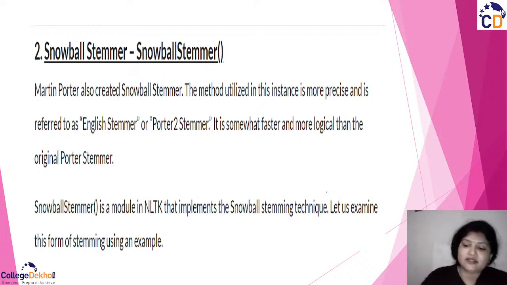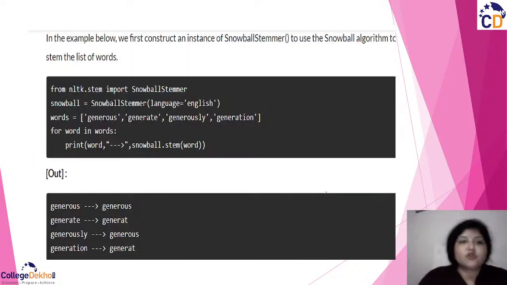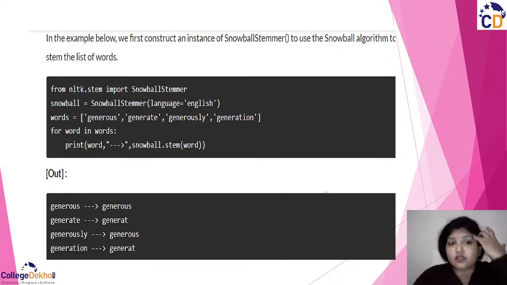Let us take one example of it. Again, you take a list of words talking about generosity, generation, generate, generous or generously. You might have adverbs, adjectives, anything, and then let us see whether the Snowball stemmer performs it or not.